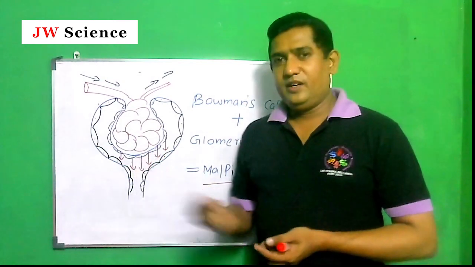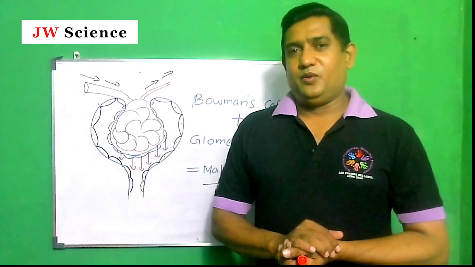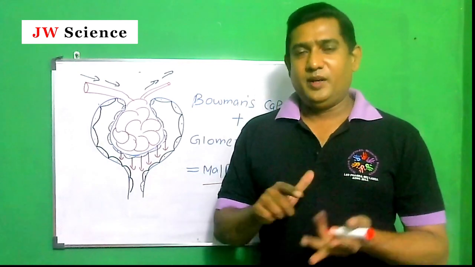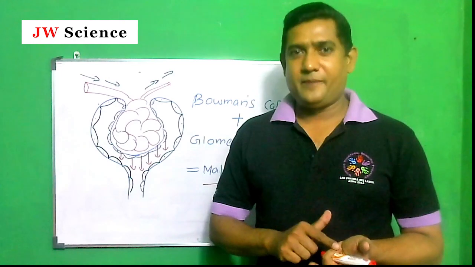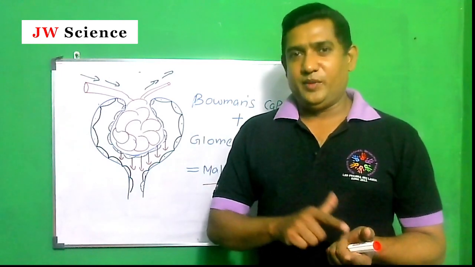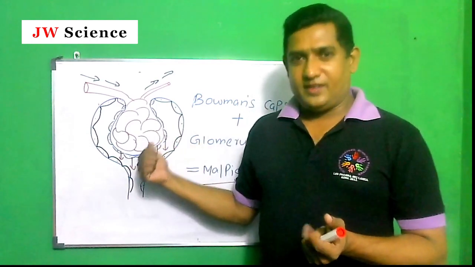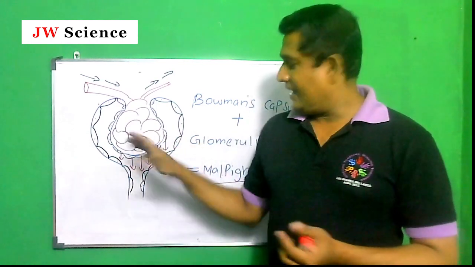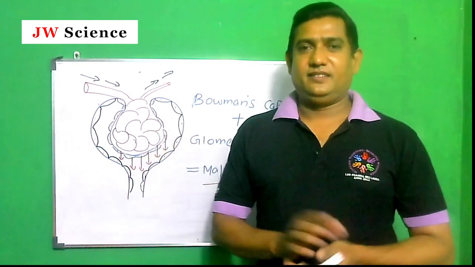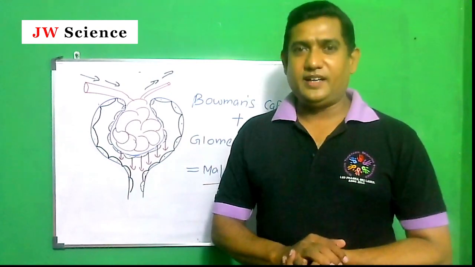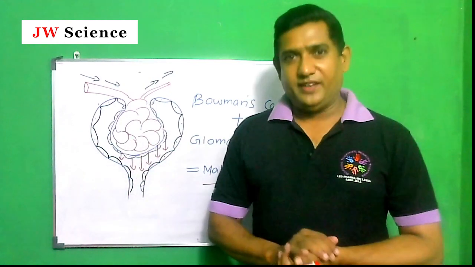Let's see what the constituents of glomerular filtrate are. The main constituent is water. Then you will find glucose, amino acids, drugs, urea, vitamins, and some ions such as potassium and sodium. All these electrolytes are found in the glomerular filtrate.